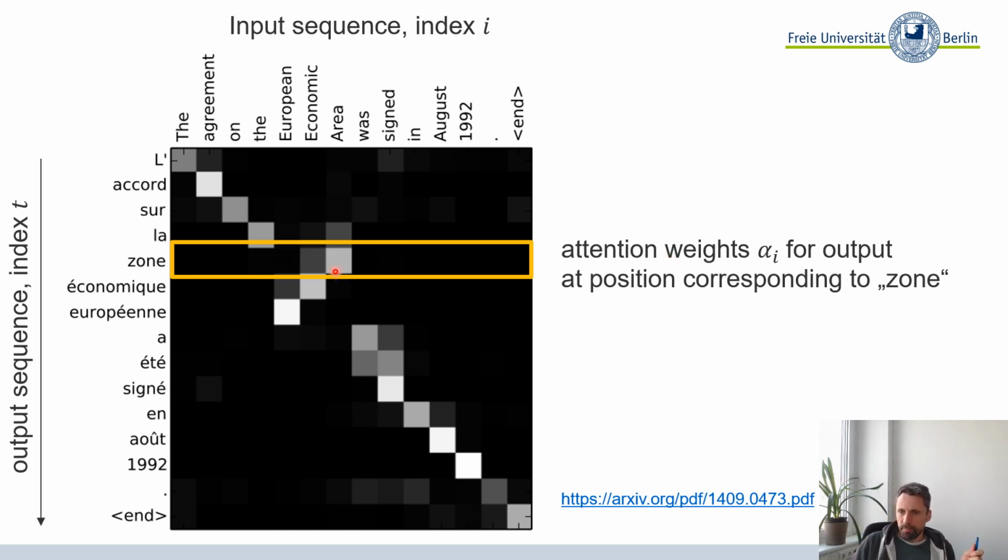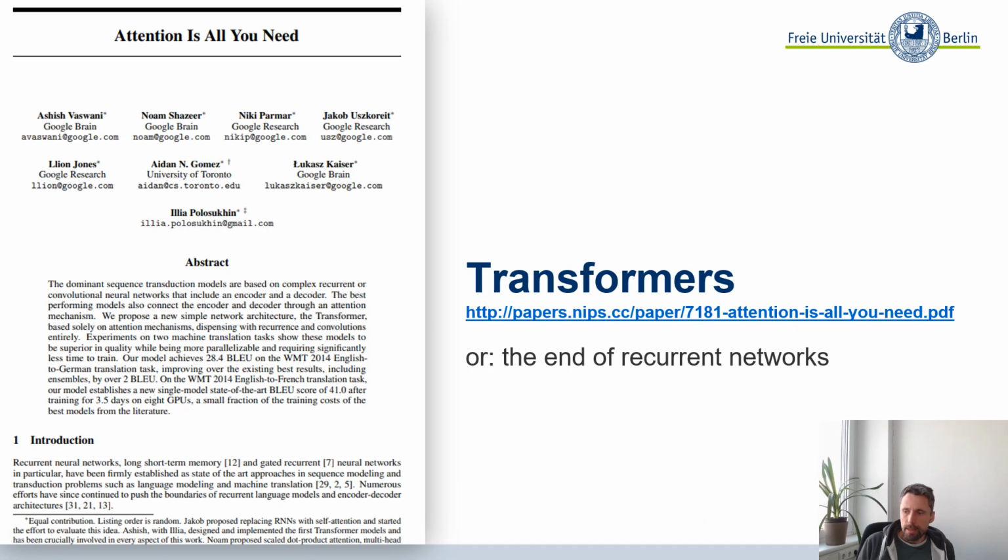And so we'll see that zone attends to the word area, and not to the same position in the input sequence here that would correspond to European, which kind of makes sense, and so the translation can be done with this representation of the input sequence that at this time point more strongly integrates the encoded token area. Okay, good.